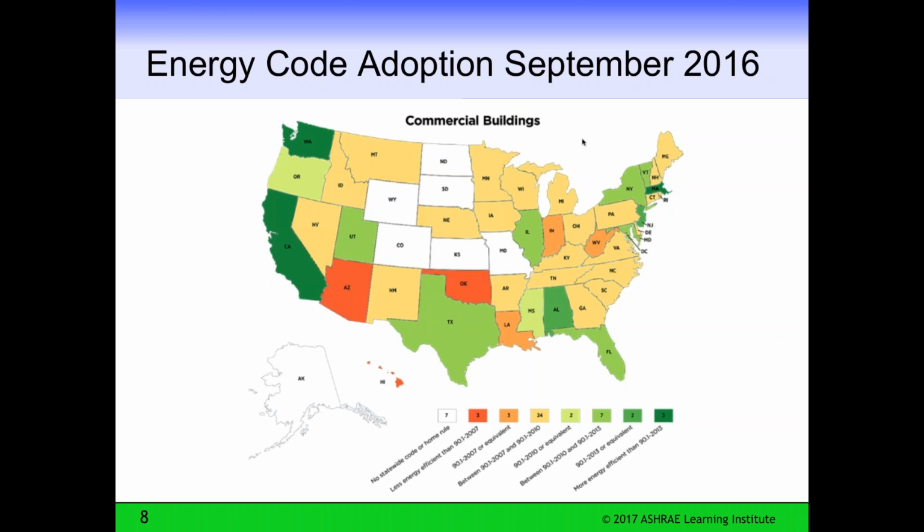So we should hear any minute now that they've determined that 90.1 2016 should be adopted. That's the last step in a process, and then the actual adoption. That starts the wheels turning to where all federal projects will have to meet 2016 and all that. So we'll go through a new cycle. Okay.